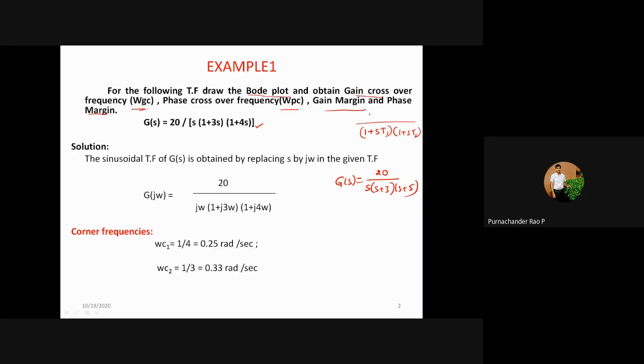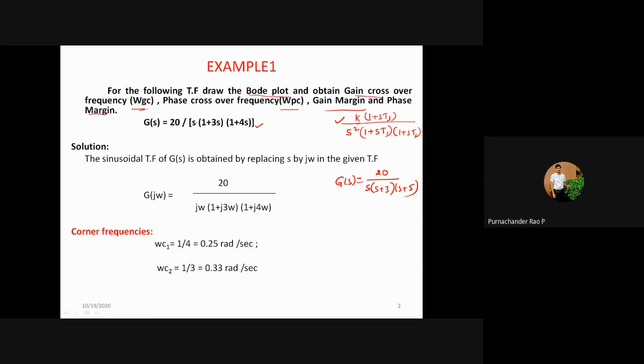So here 1 plus s T3, constant K or any particular value, divided by s or s square terms. Always remember that the given transfer function must be converted into this form.